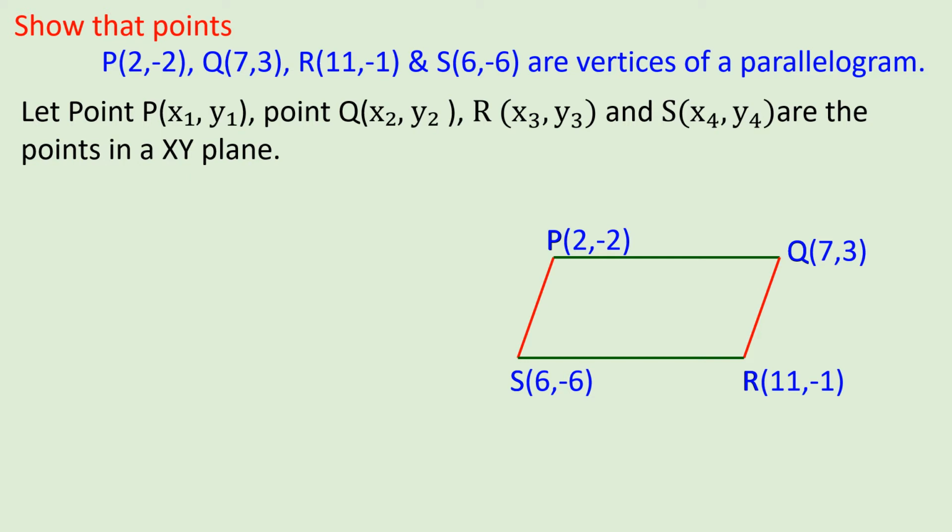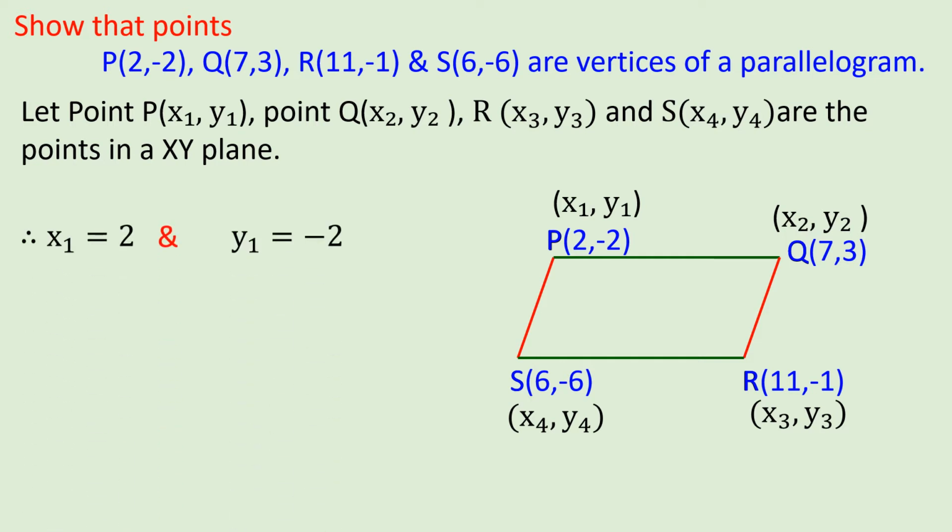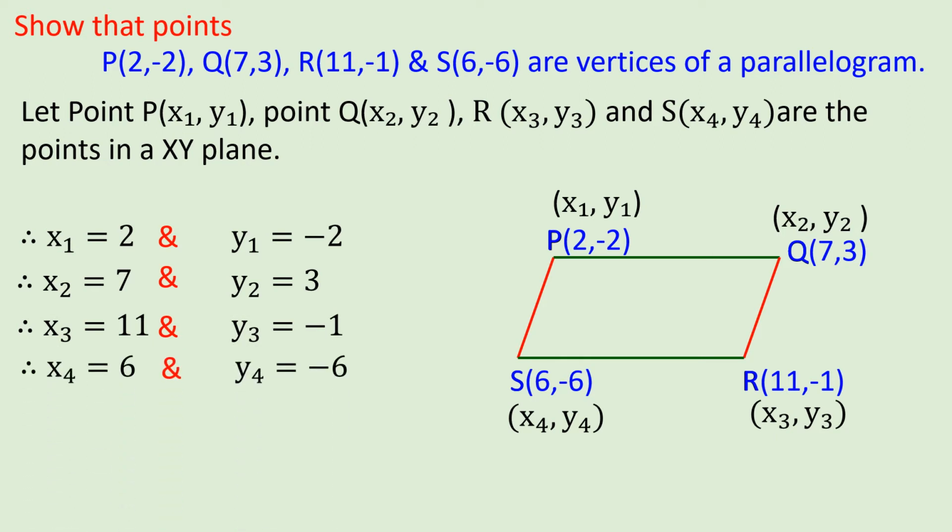I have mentioned the same in the diagram, which will help you not make mistakes while choosing the x1, x2, x3, x4 values. Also, I have written x1 equals 2 and y1 equals -2, x2 equals 7 and y2 equals 3, x3 equals 11 and y3 equals -1, x4 equals 6 and y4 equals -6. All these values are given to you.